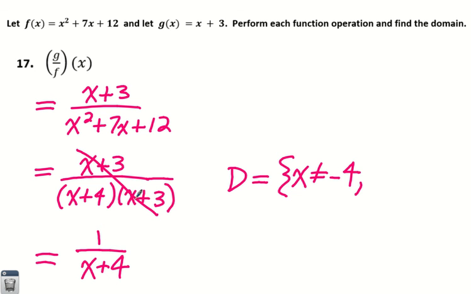But also because of this factor, we would not be allowed to plug in negative 3. So there's my domain. It could be anything except negative 4 or negative 3. Otherwise, you'd be dividing by 0, which is not allowed. And so that's the domain of number 17.